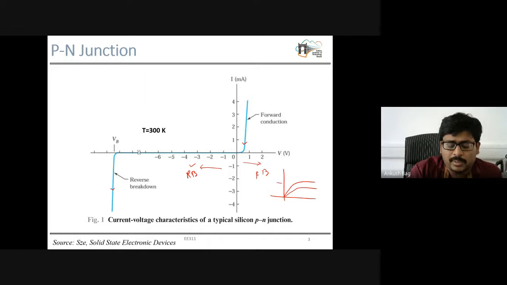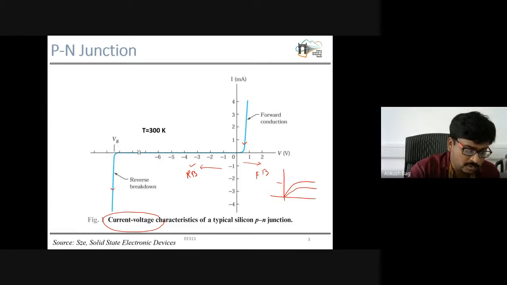So what are the fundamental semiconductor equations we need to deal with when explaining all the current voltage characteristics of semiconductor devices? Perhaps this class is very important considering this particular objective for this EE311.